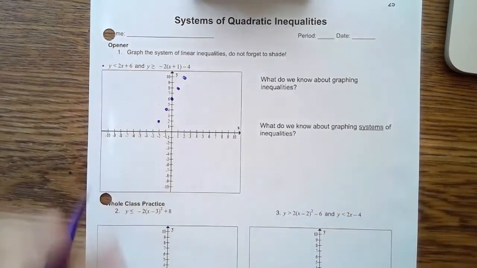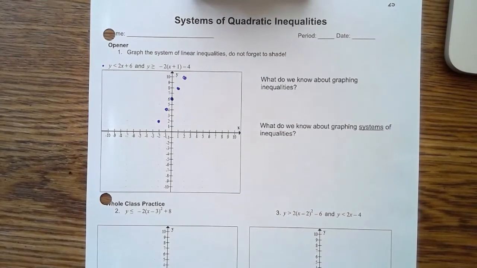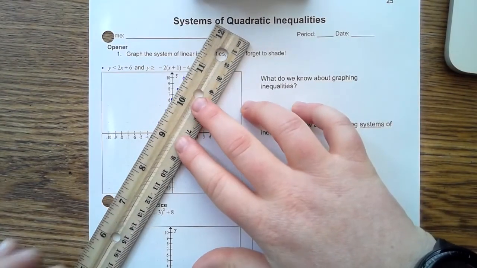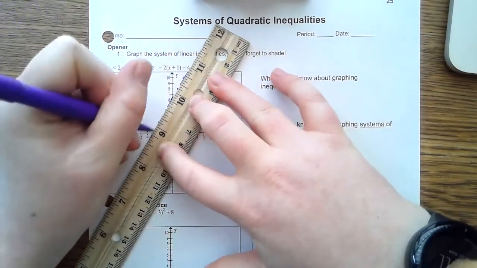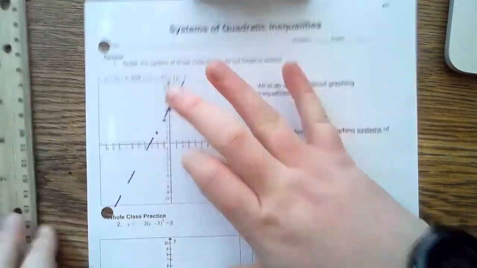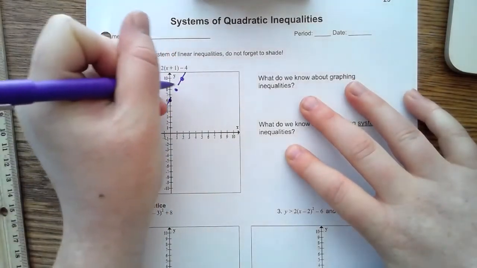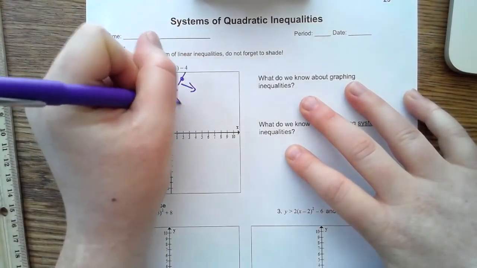And then let me grab a ruler. This is going to be a dashed line. So it says less than. So less than is below.